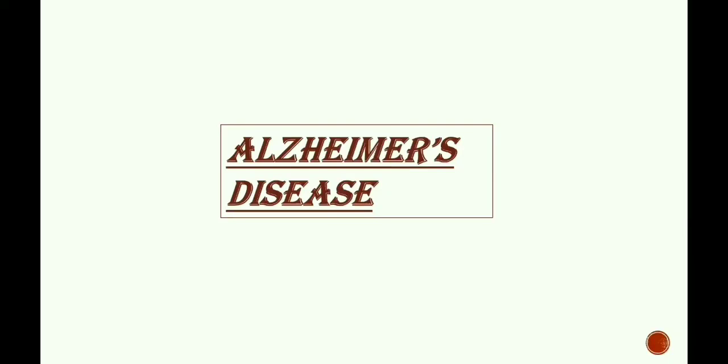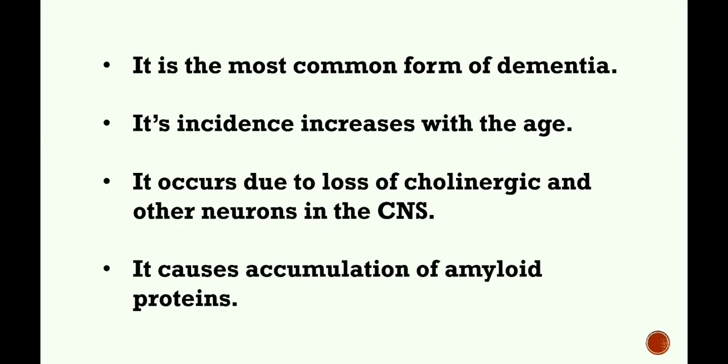Next one is Alzheimer's disease. Actually, it is the most common form of dementia. Dementia is a kind of memory loss, you can say short-term memory loss, and its incidence increases with age. So we can say that Alzheimer's disease is an age-based disease.